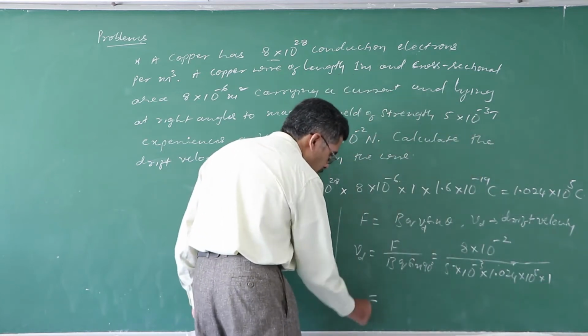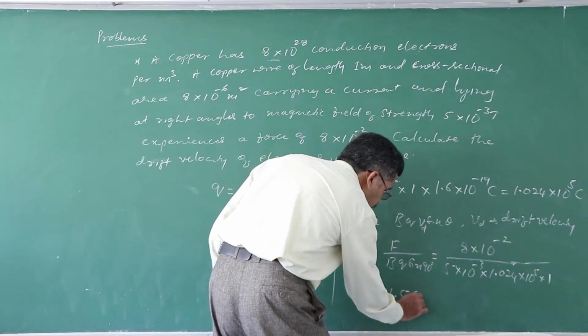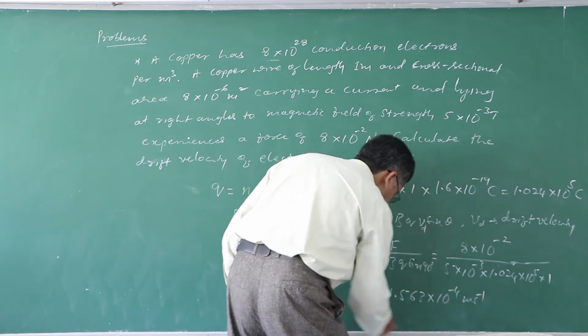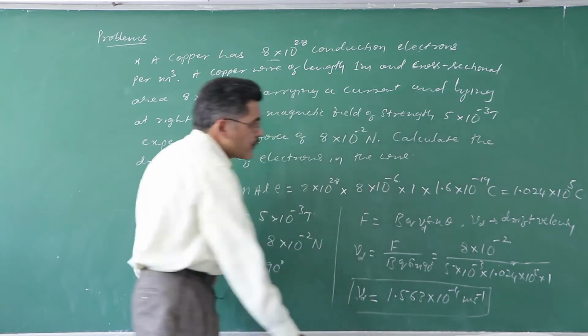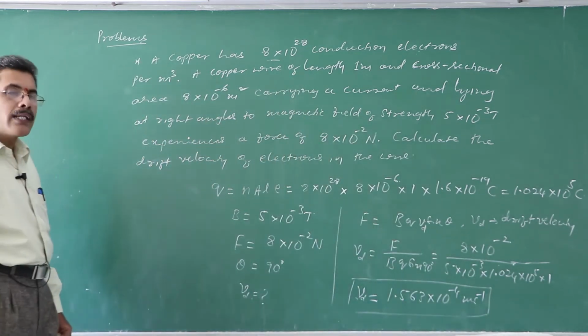On simplification, you are going to get 1.563 into 10 raised to minus 4 meter per second. This is the drift velocity. Please, once again, check it with the calculator and confirm this final answer.